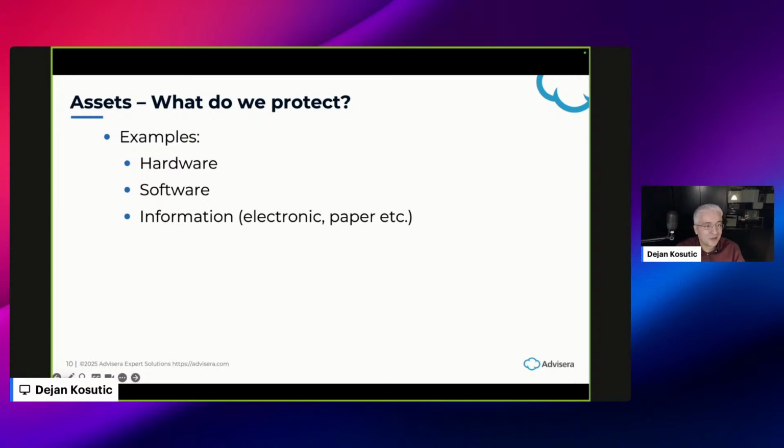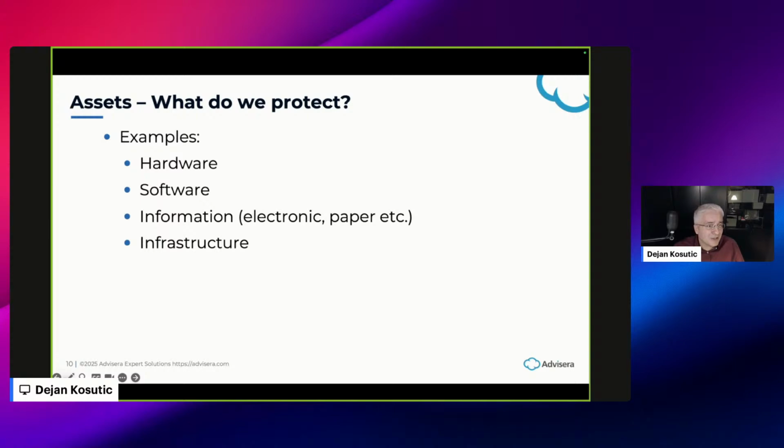So if your CEO uses a paper pad to write down some notes, sometimes it could be something that is very confidential, something that is very important. So even paper as a medium can be sensitive, if nothing else.